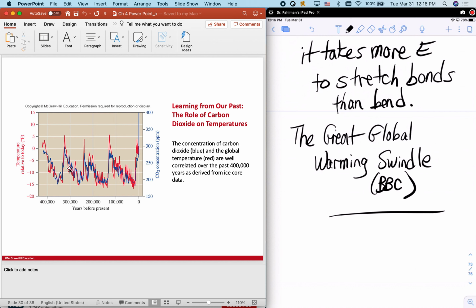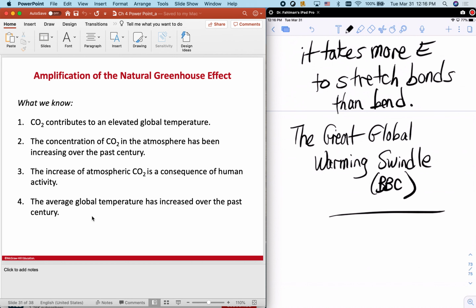It followed even these fluctuations. The temperature followed it. I think this is a really good piece of data to show that temperature and CO2 concentrations are correlated.